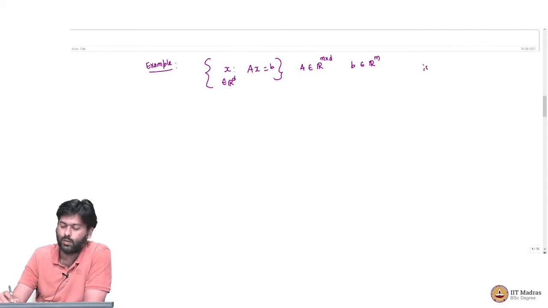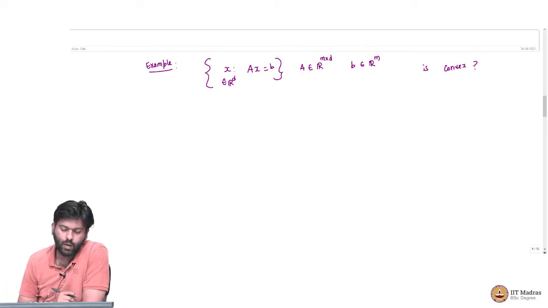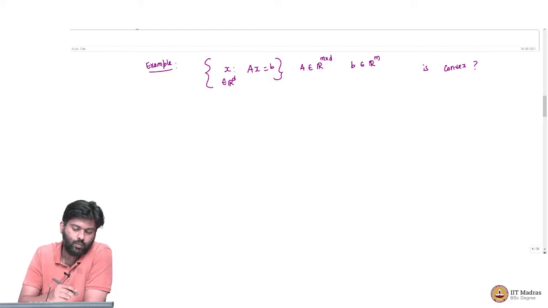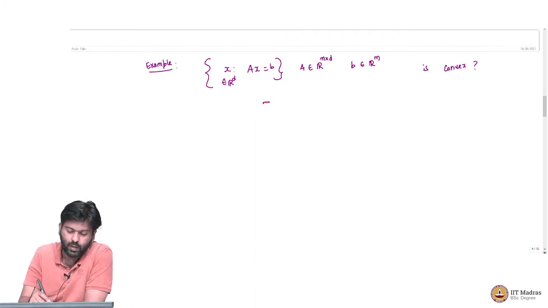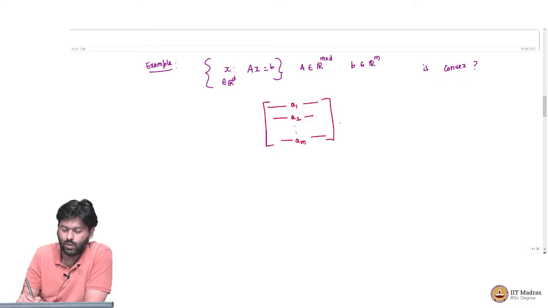Now, is this convex? Well, you can use the definition, but here is another simpler way to see this, not necessarily the only way, but this is one way. Now what does Ax equal to b mean? Well, I think of the rows of A as A1, A2, and so on, and there are going to be m such rows, and then you have a vector x which satisfies Ax equals b1, b2, up to bm.